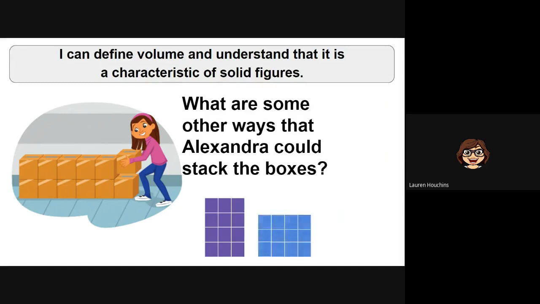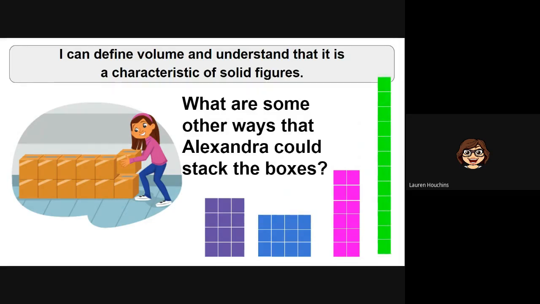She could stack them like this, 3 rows of 4. She could also stack them like this, 12 rows of 2. She could stack them vertically like this, so 12 rows of 1 box each, or horizontally. So there are 6 different ways that Alexandra could stack those 12 boxes of soup.